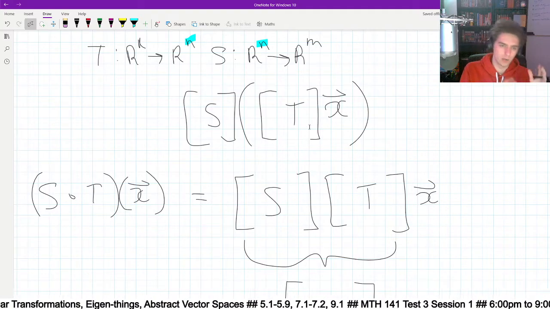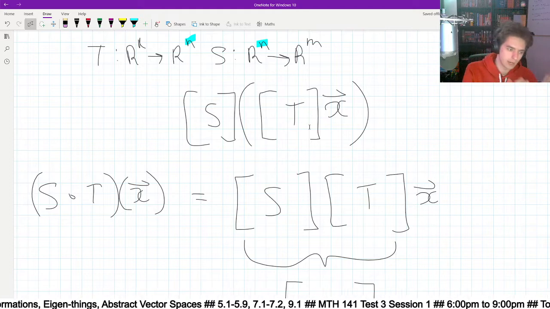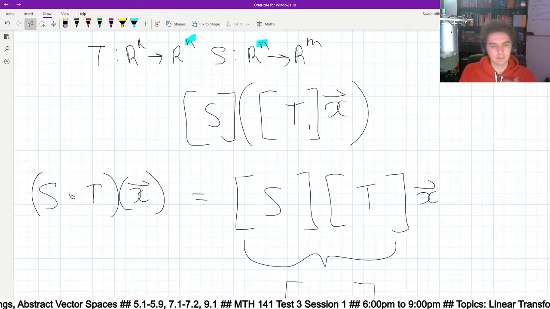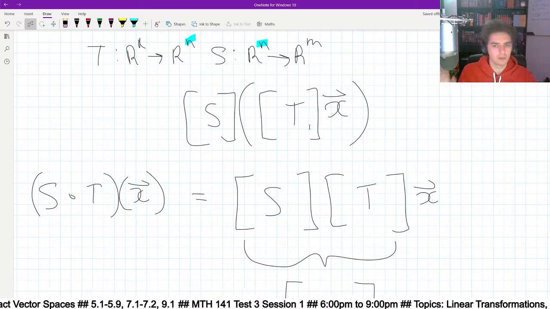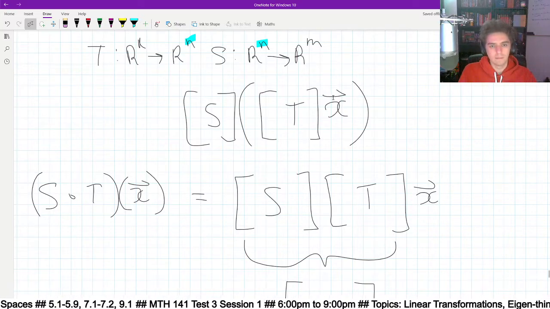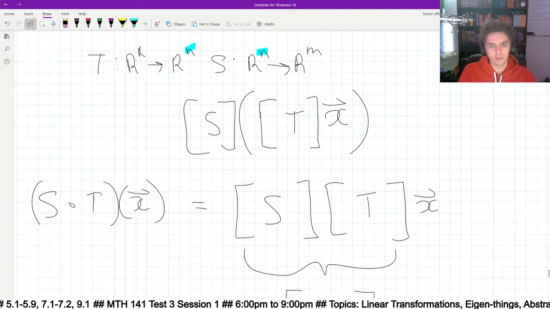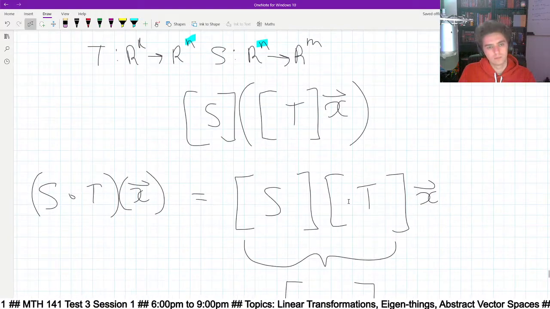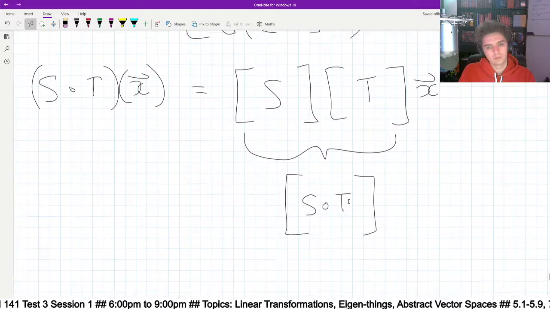One transformation takes everything from Rk into Rn, and the second takes everything from Rn into Rm, some other dimension. As long as those middle two match up, it'll be possible to do.